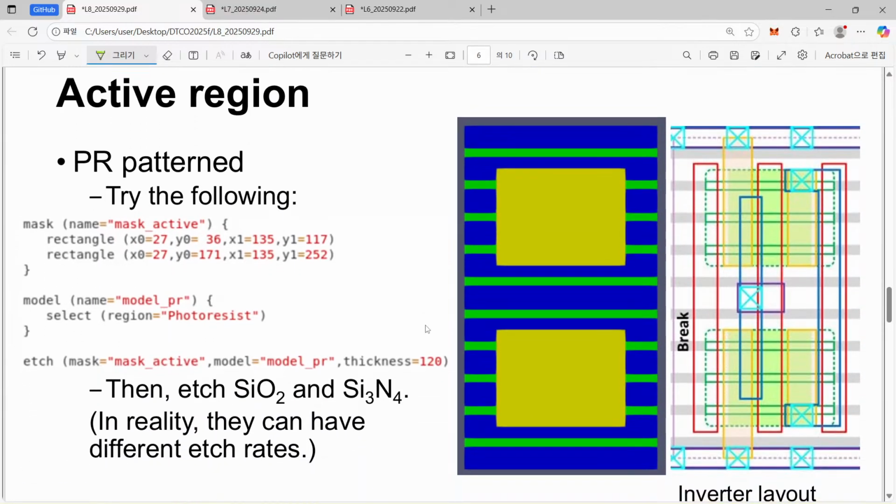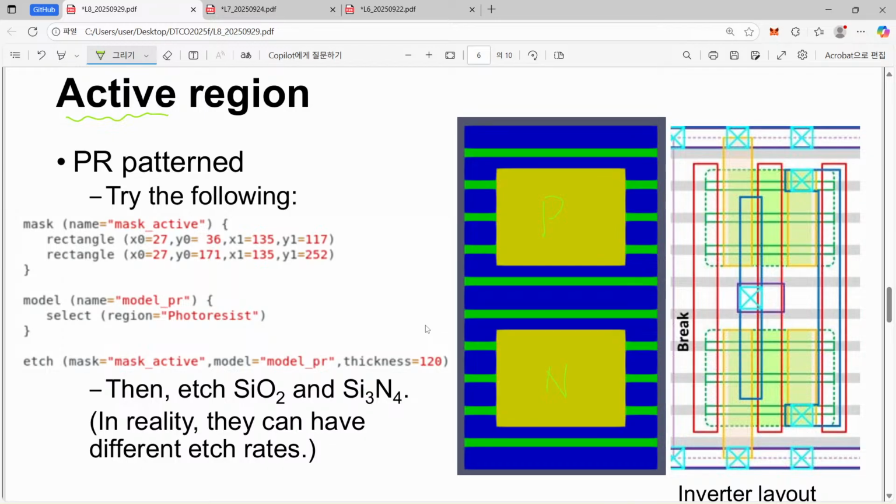Now we have to define so-called active regions. Actually, here we have two active regions, and the relatively top one is for our later PMOSFET, and here we have one corresponding to our later NMOSFET.